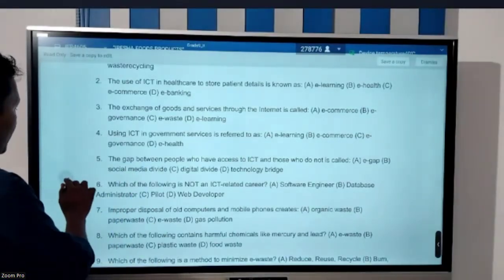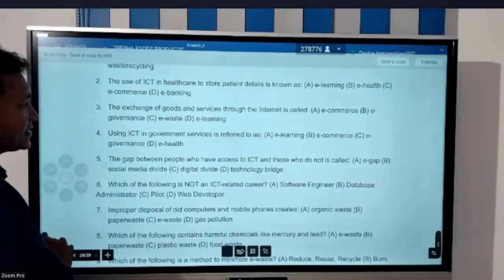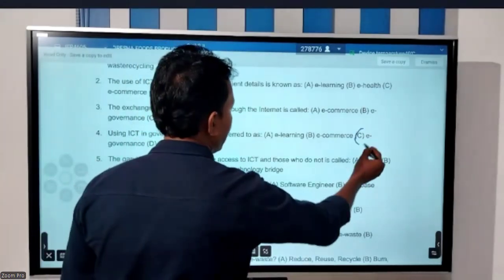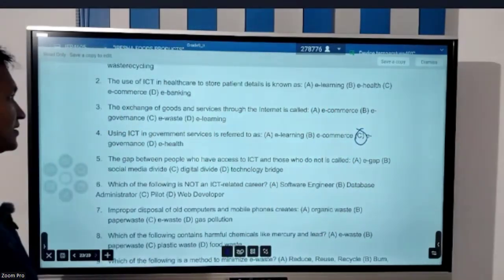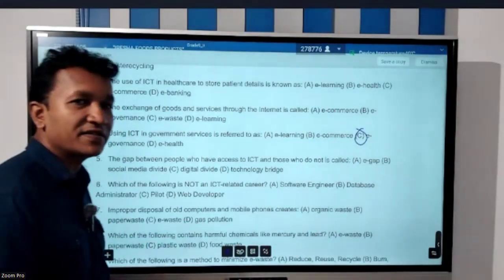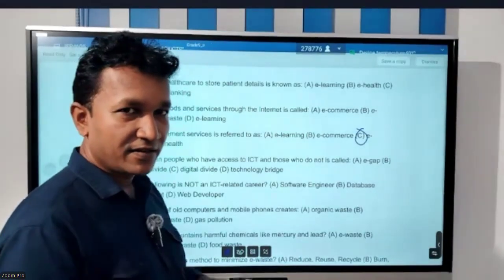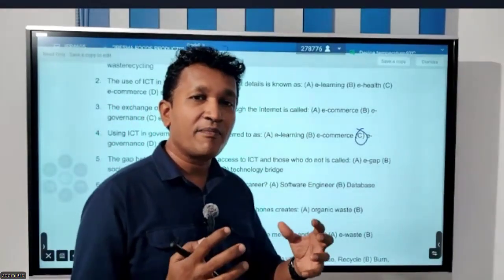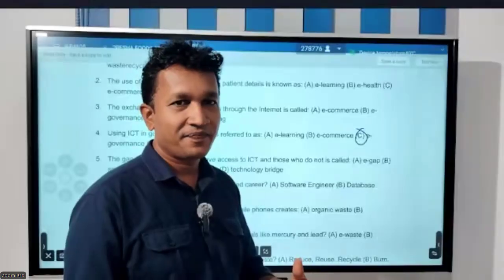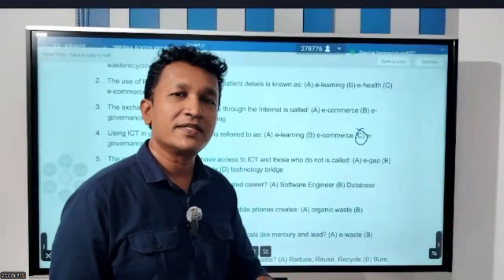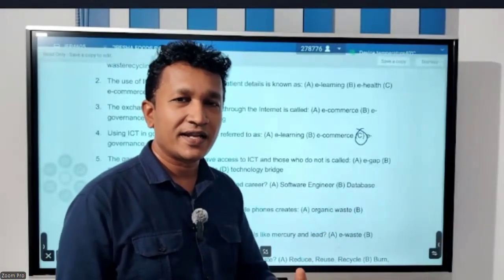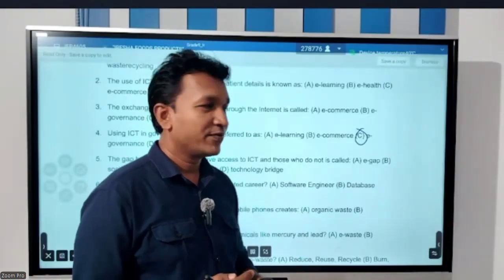For the fourth one, answer is C, e-governance. So we get government services from the internet with the help of ICT, right? Any government service we get online, we call e-governance.